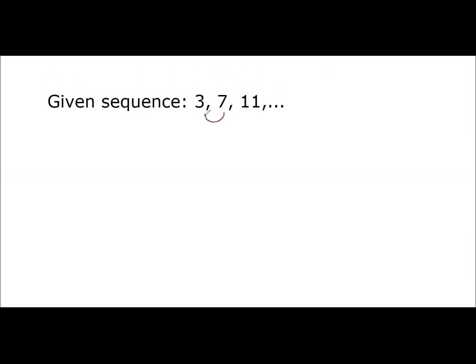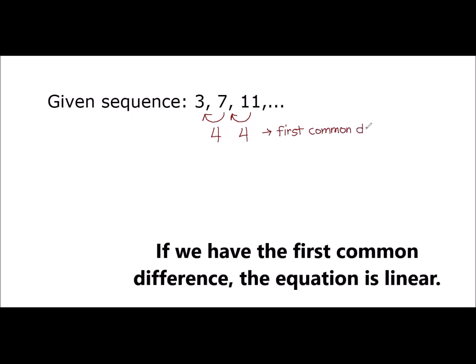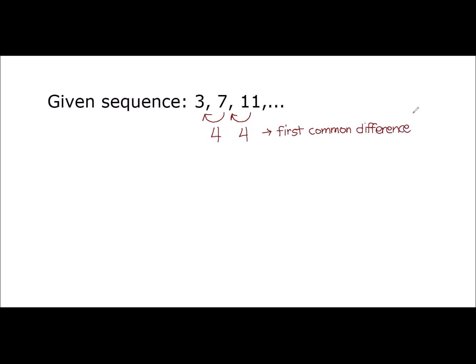So given the sequence 3, 7, 11, getting again the common difference, subtracting from right to left the two consecutive terms, we will now have 4 as our common difference. So going back to our grade 9 topic, once we have the first common difference, we are talking about a linear equation. Okay? So it only means that we are expecting a general pattern which is in linear form.